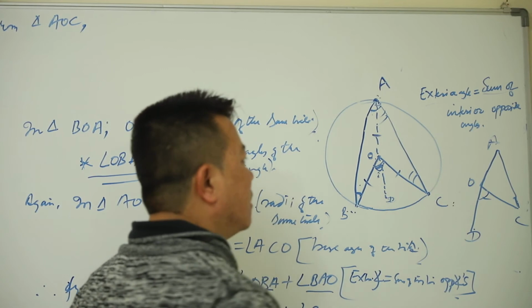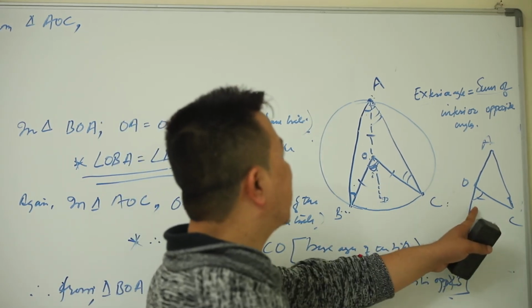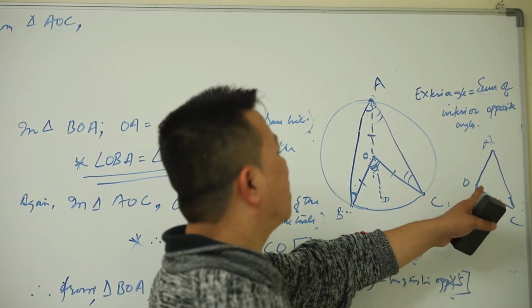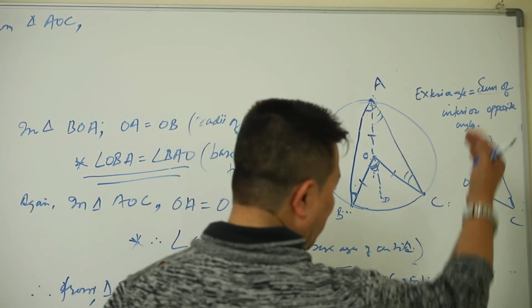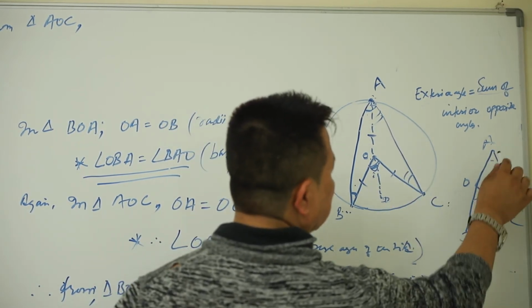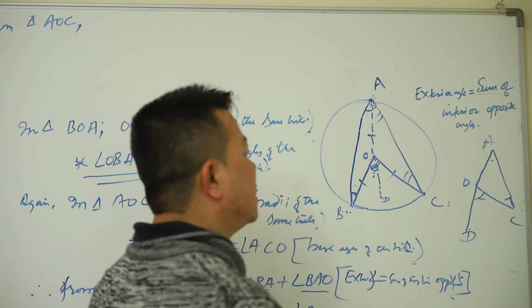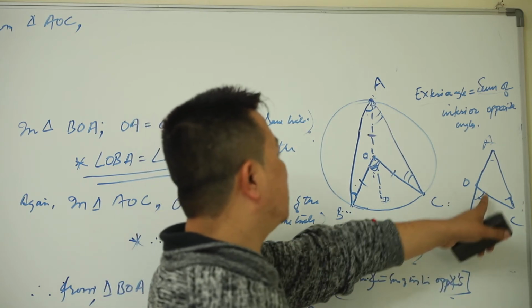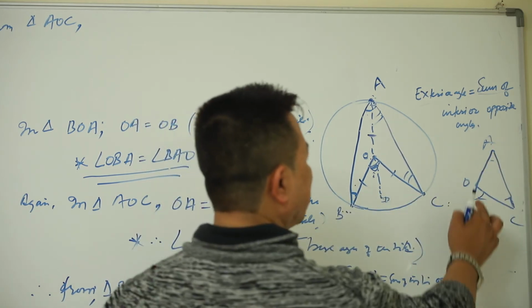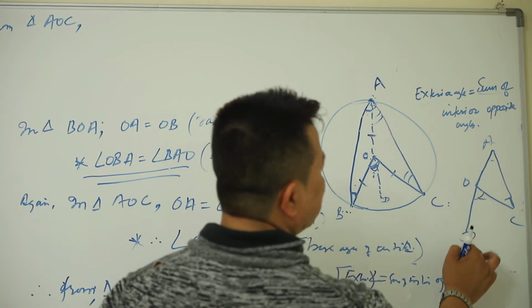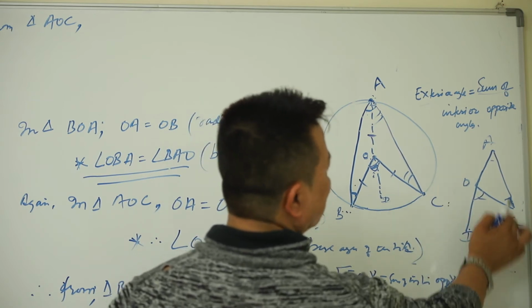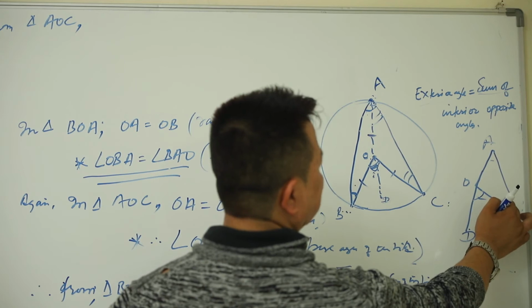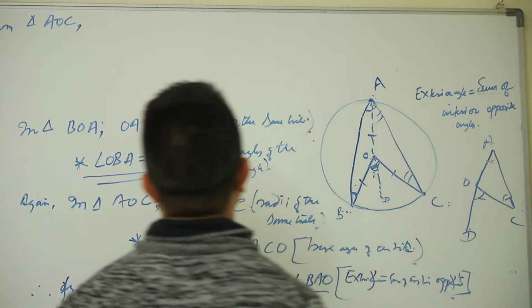This one is the external angle. Again the same property: external angle is equal to the sum of interior opposite angles. What are the two opposite interior angles? This and this are the two interior opposite angles. That means angle DOC is equal to this angle plus this angle.